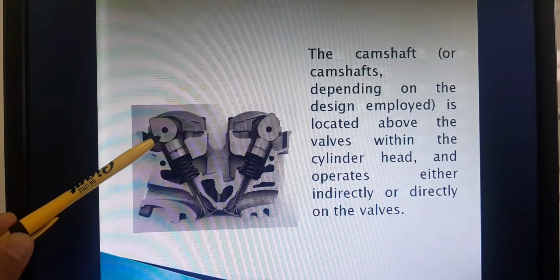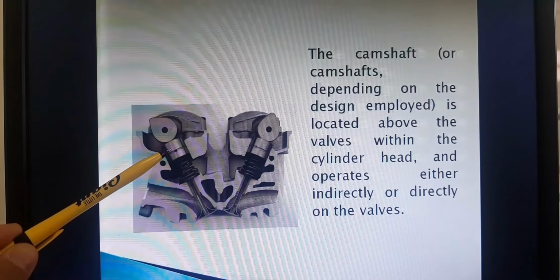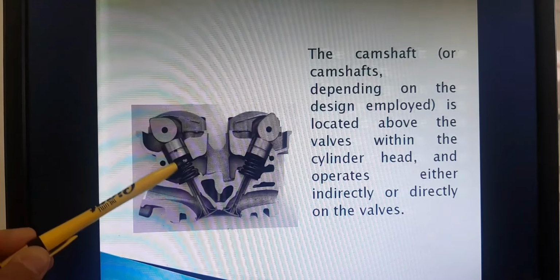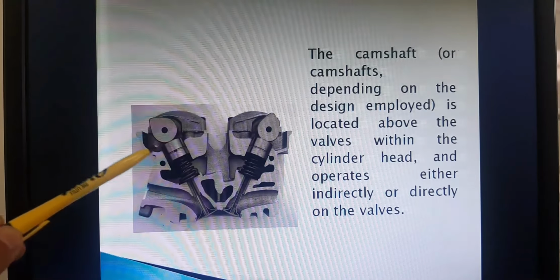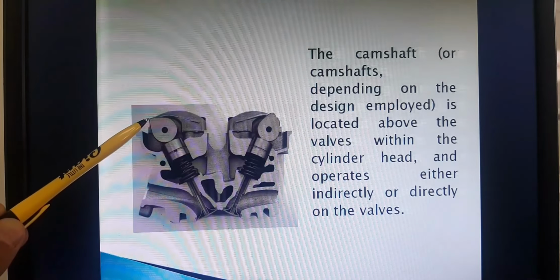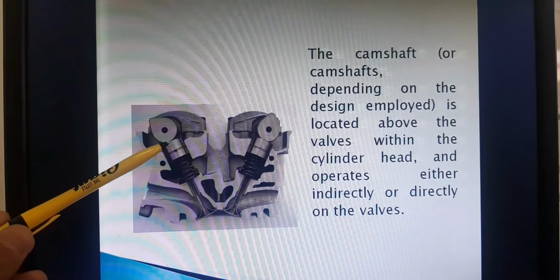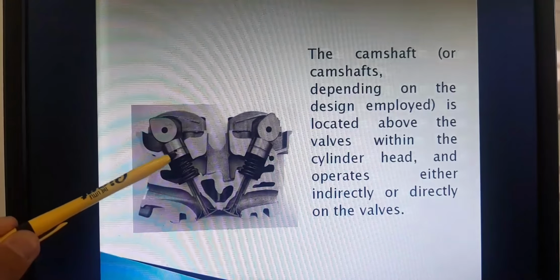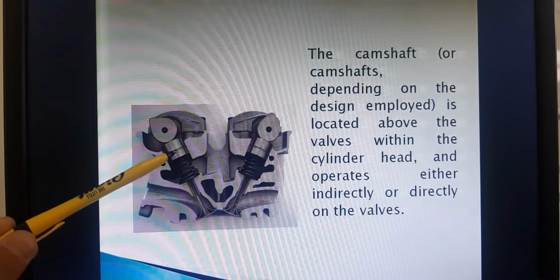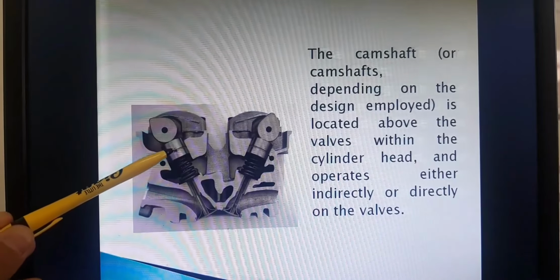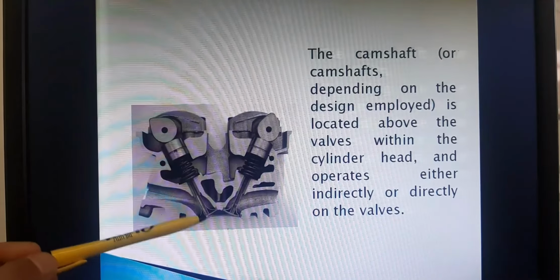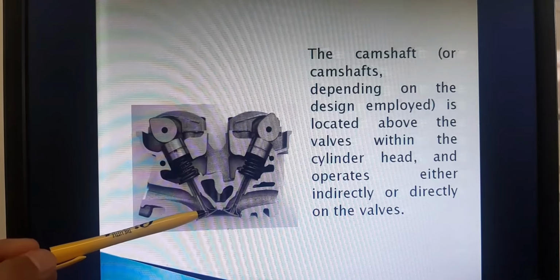So here we can say this is a direct contact of the camshaft to the valve. When the camshaft rotates, the heel turns into contact with this cap or valve shim, then it will directly push the valve to open against or away from its seat.